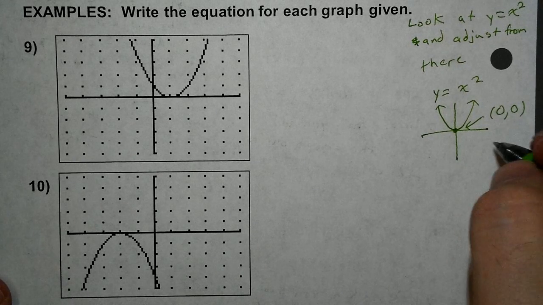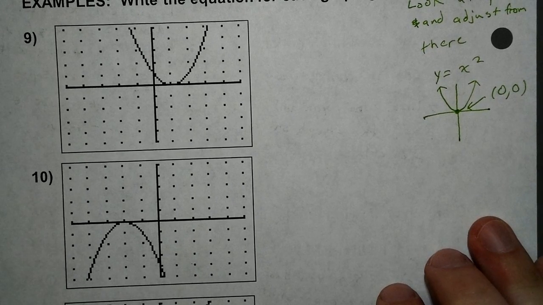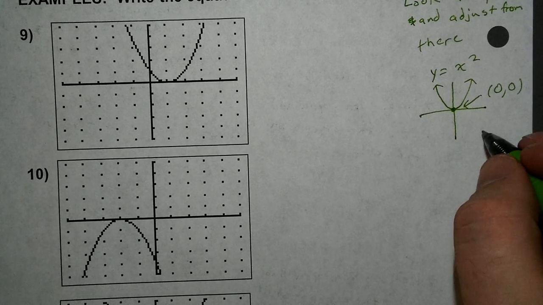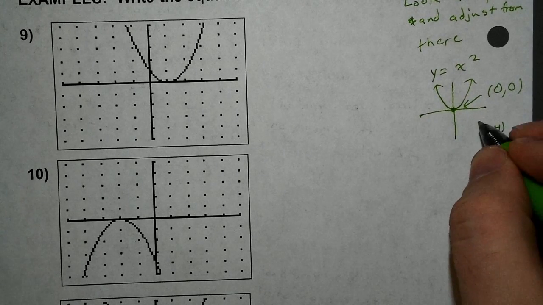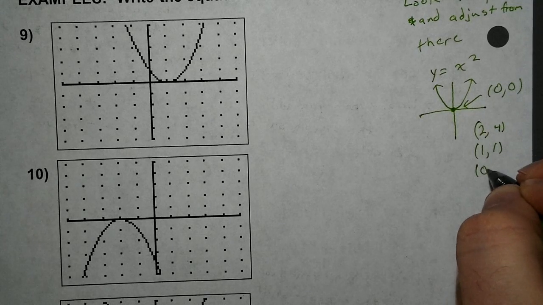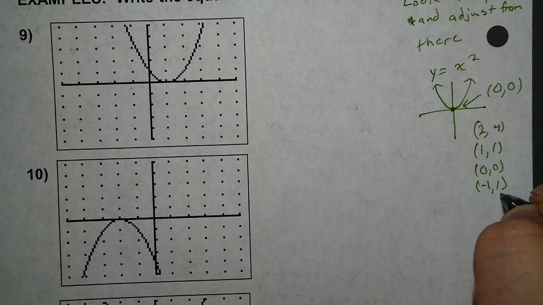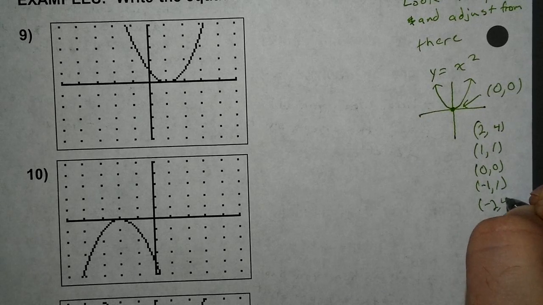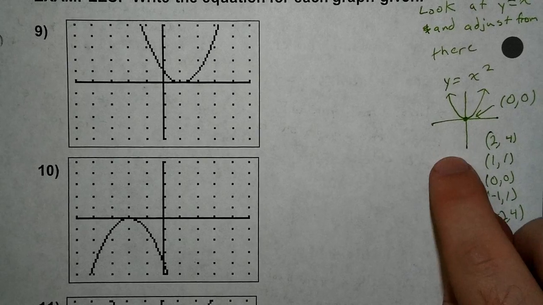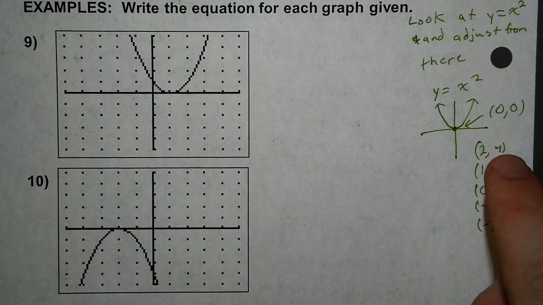Then if it gets wider or smaller, it's going to be based on the points 2, 4, 1, 1, 0, 0, negative 1, 1, and negative 2, 4. Every single time this is your starting, this is our parent function, everything will adjust from there.